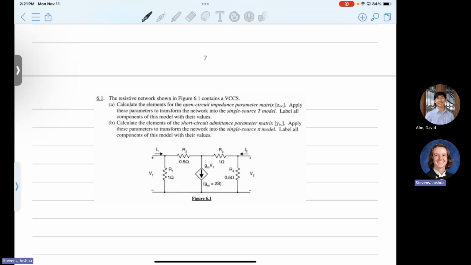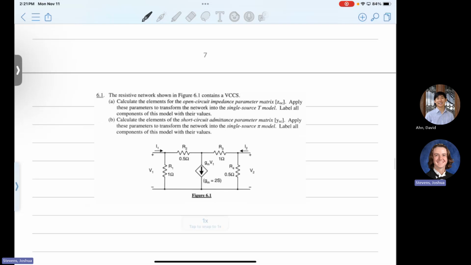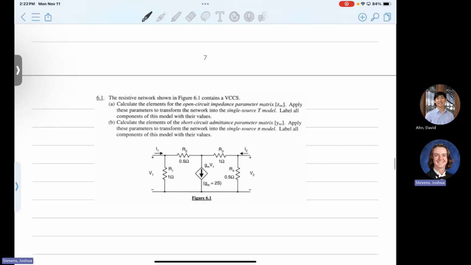So 2 ports with nodal analysis. We kind of just add arbitrary sources, right? We have this one here, which is I2. Same thing here, basically is I1. So we have a node here, node here, node here. That's already labeled V1, so I'm just going to call that VN1.